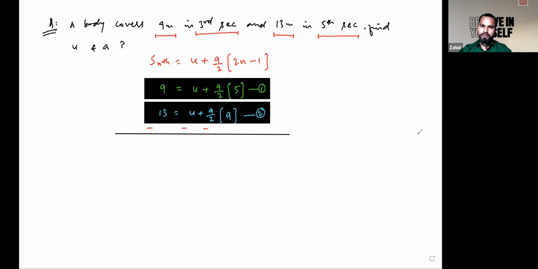Now put this value in any of the equations, you will get initial velocity. Myra, Sita, Aisha, just send the answer.